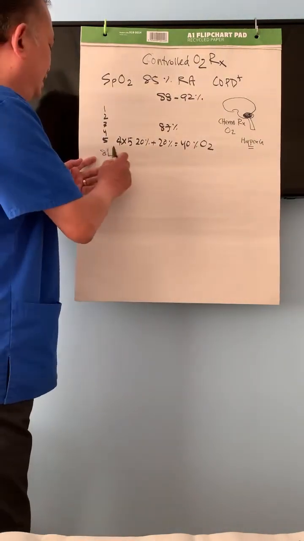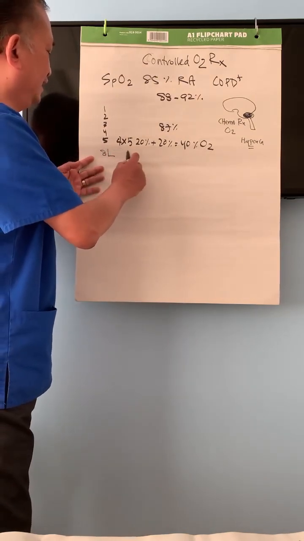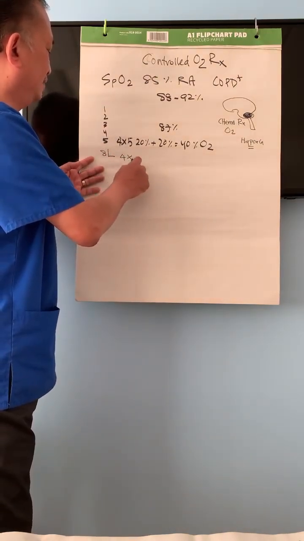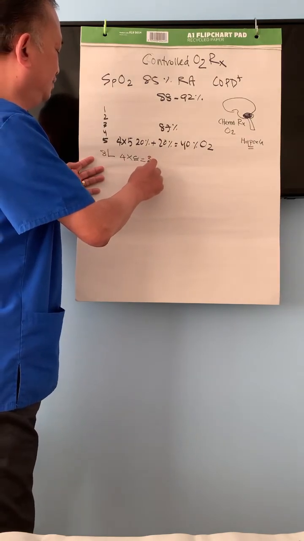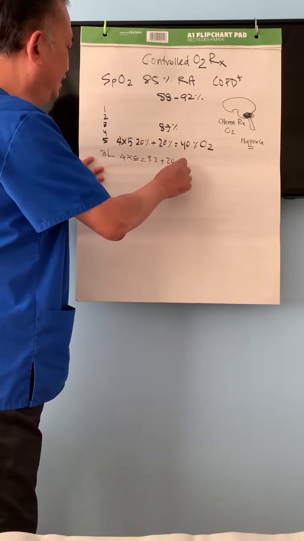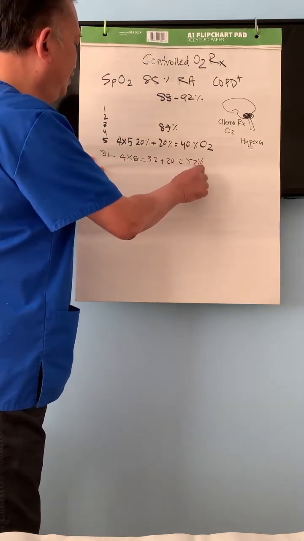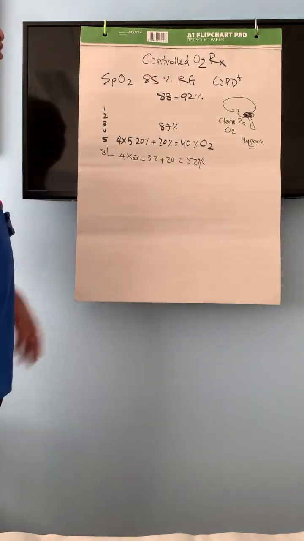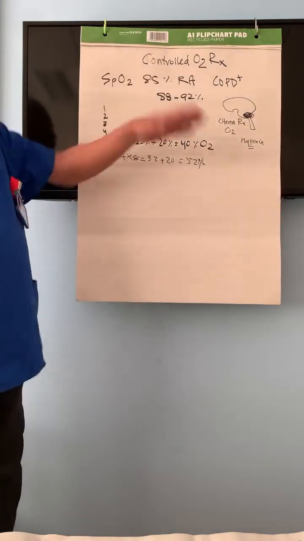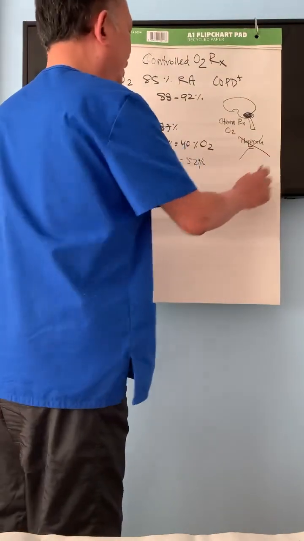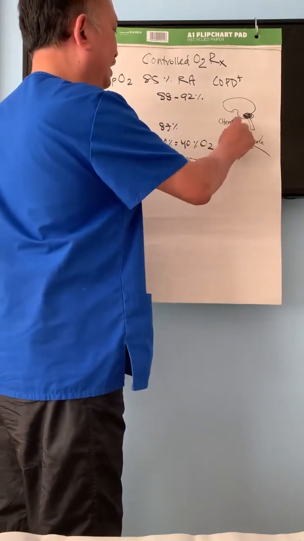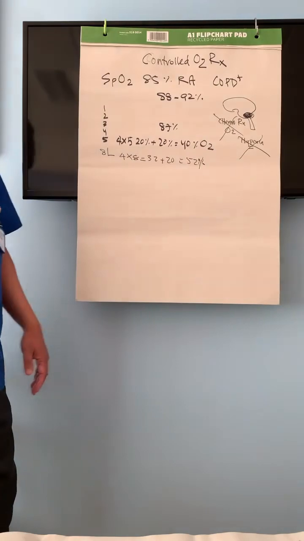So in that case, if you give 8 liters, for every liter you add 4, so multiply by 8 liters, that's 32, plus room air 20, that's 52. If you give 8 liters without control, it will abolish hypoxia entirely, and the oxygen-sensitive chemoreceptors won't be activated.